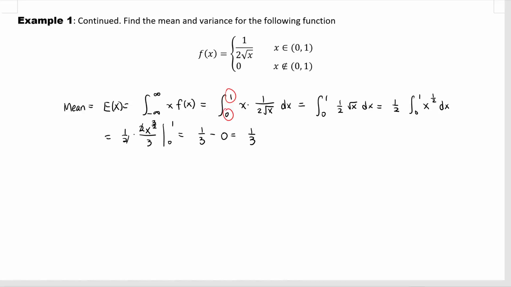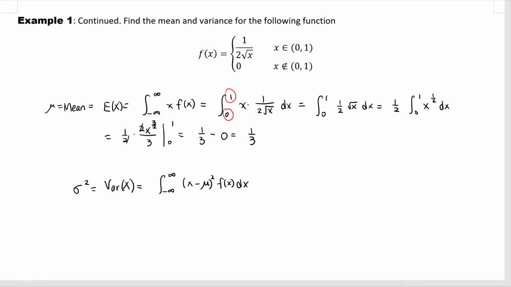Okay. How about the variance? Mean is mu; variance is sigma squared. How do we compute the variance? The formula is the integral from minus infinity to infinity of (x minus mu) squared f of x dx.